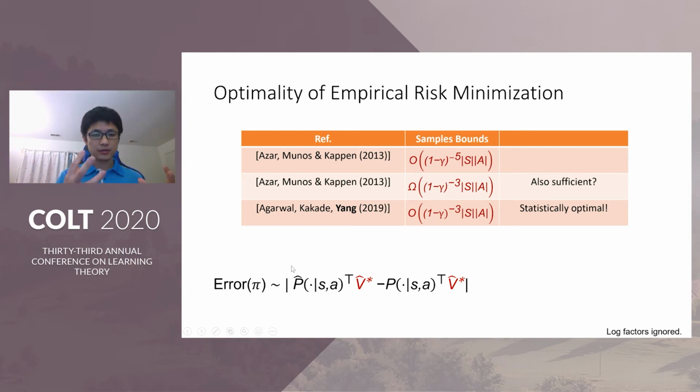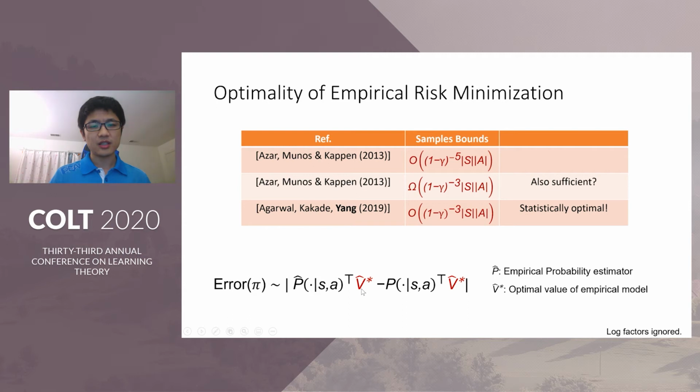This policy pi comes from the plug-in solver, the optimal policy of this empirical model.